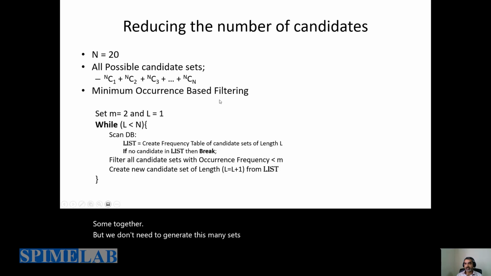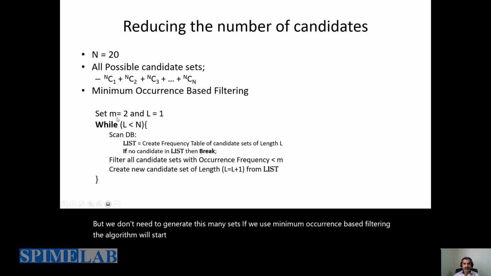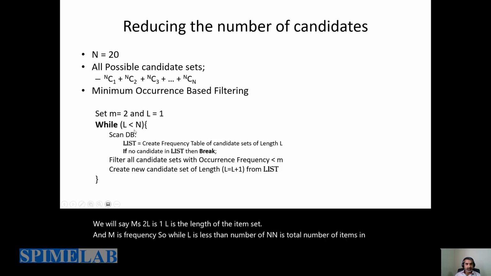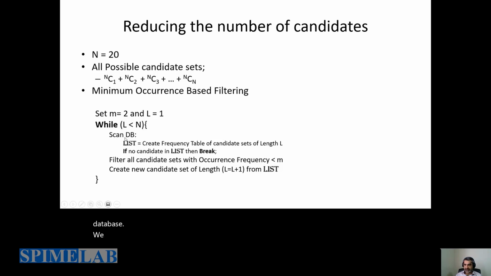If we use minimum occurrence-based filtering, the algorithm will start with 2 variables. We will say M is 2, L is 1. L is the length of the item set, and M is frequency. So while L is less than N, the total number of items in the database, we will scan the database and create a list which will have the frequency of each item in the database.